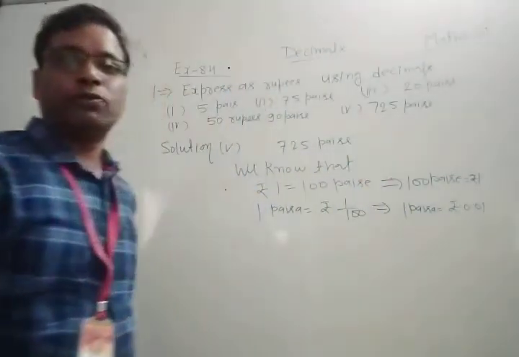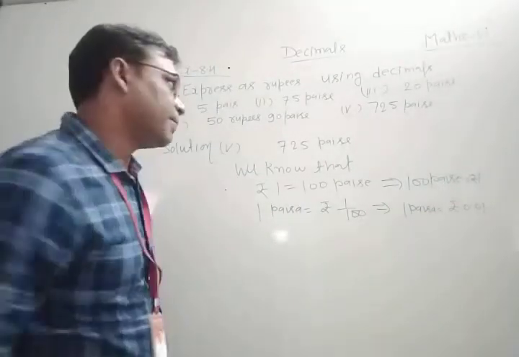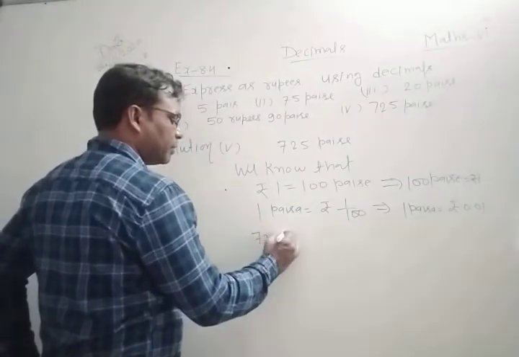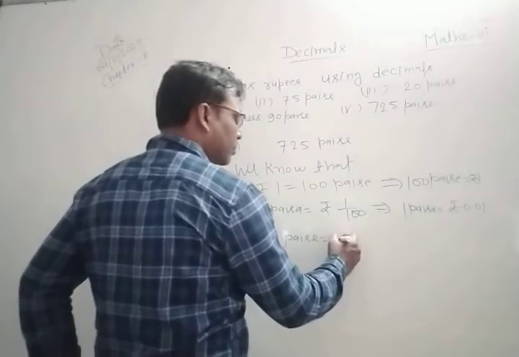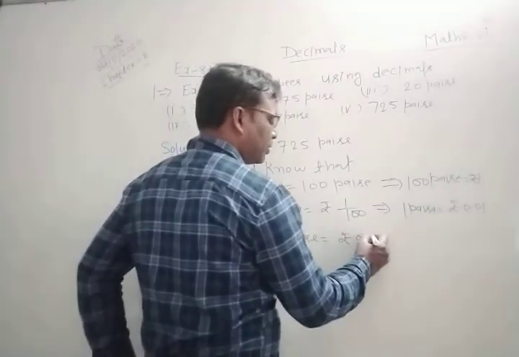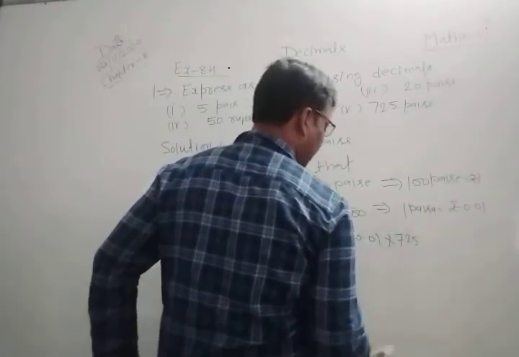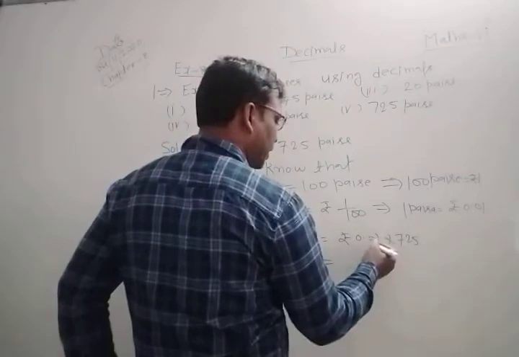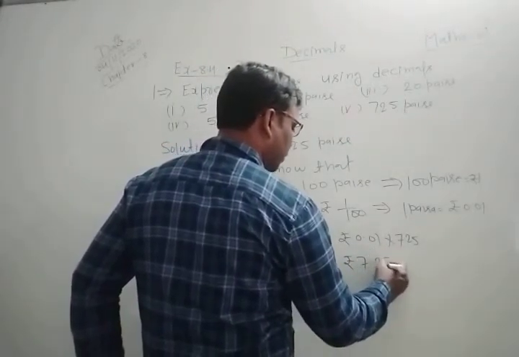Okay, but we have how many paise? We have 725 paise. So you can write here 725 paise is equal to rupees 0.01 into 725. Clear? This is equal to what? If you multiply this, then you obtain rupees 7.25.